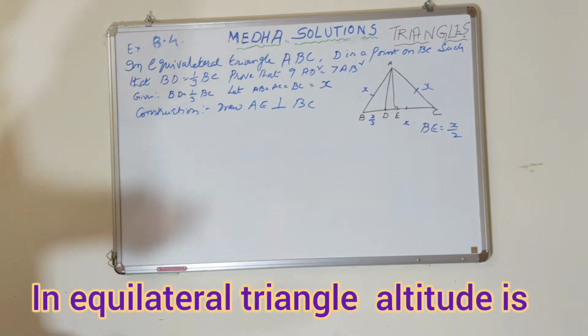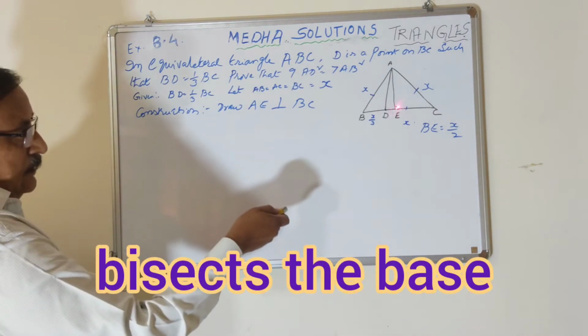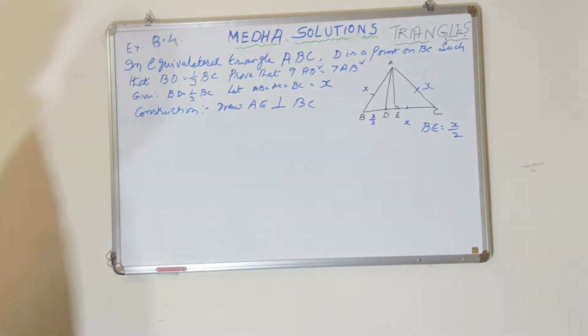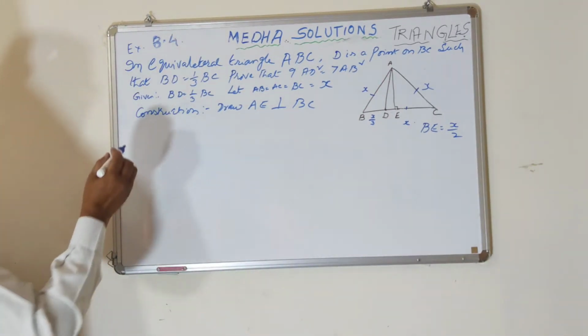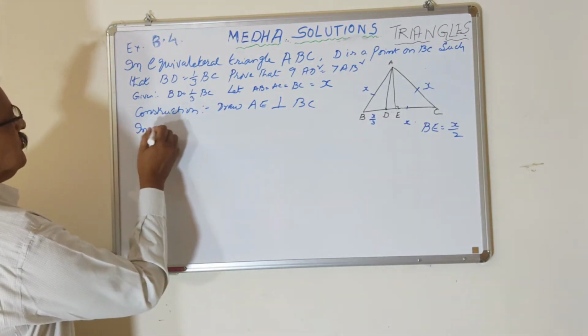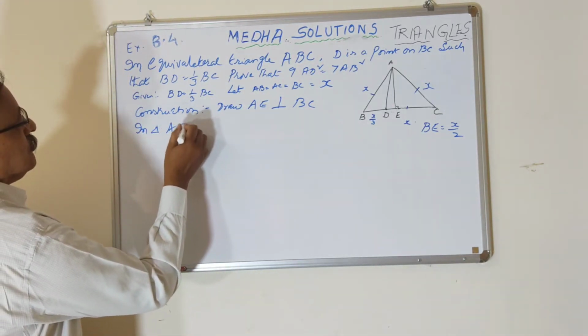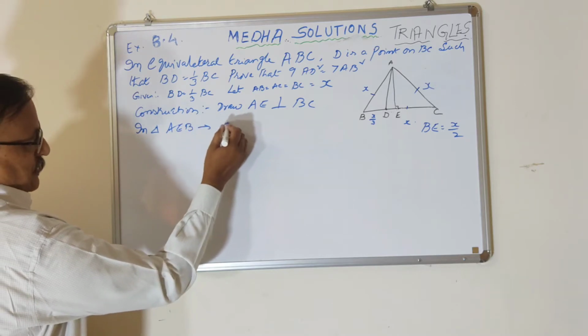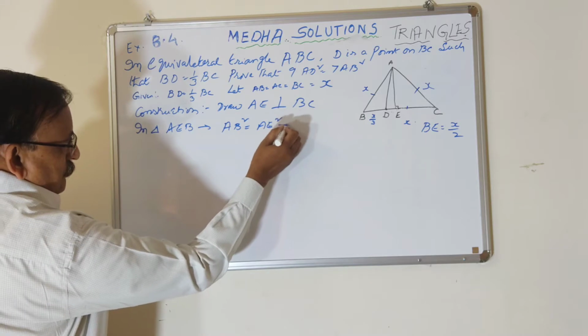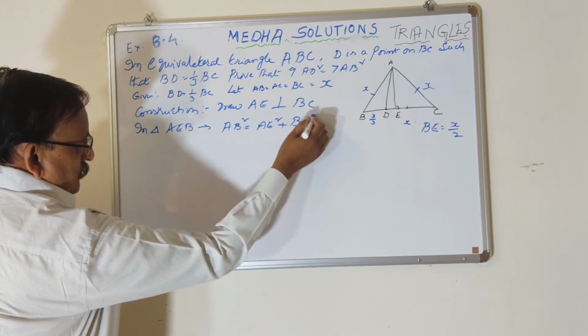In this triangle ABE, angle E is equal to 90, so AB is the hypotenuse. By using Pythagoras theorem in triangle AEB, AB square is equal to AE square plus BE square.